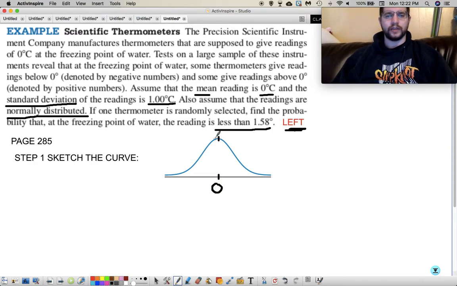In any normal distribution, your mean is always right here at the top. The maximum is your mean. Now, 1.58 is greater than 0, so somewhere over here to the right, I'm going to put that z-score, 1.58. It says less than, so that's to the left of that. Highlight that.